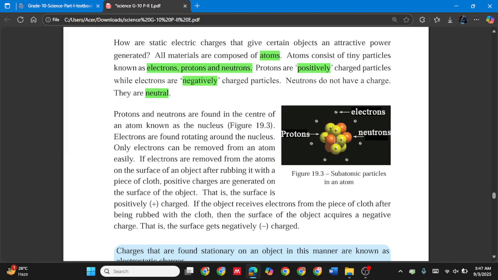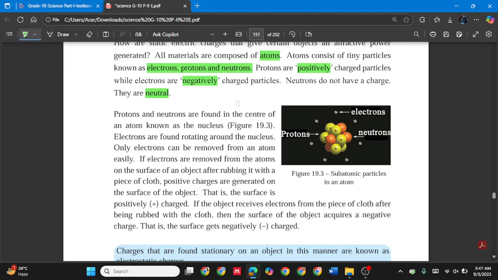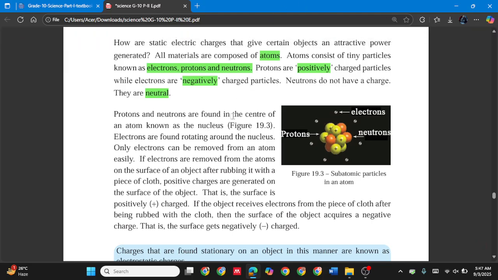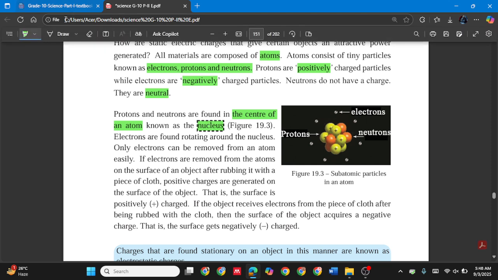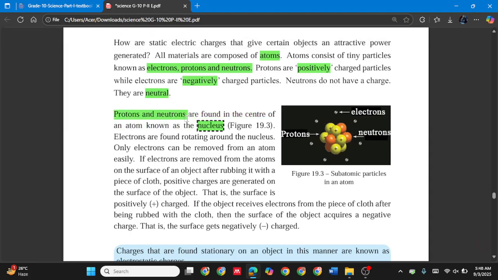They are in the core, the center of the atom, the nucleus. You don't need to highlight that center of the atom because you already know protons and neutrons are in the nucleus. But electrons, where? They are found rotating around the nucleus.